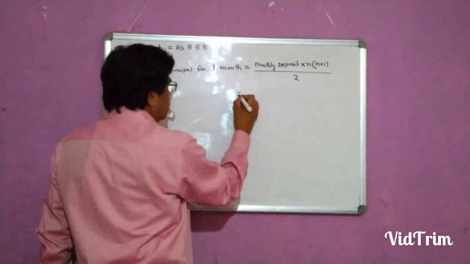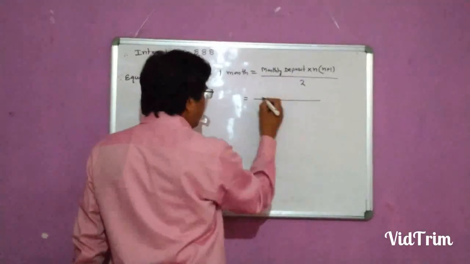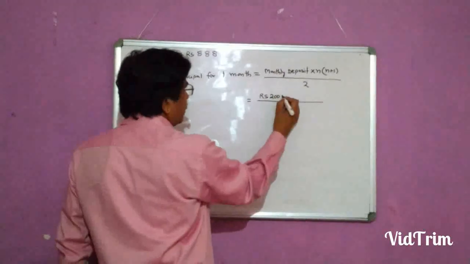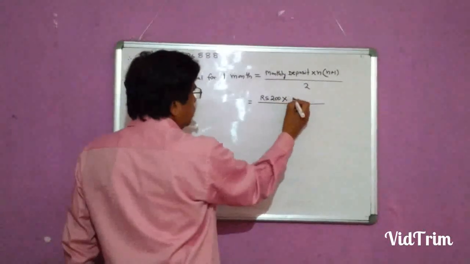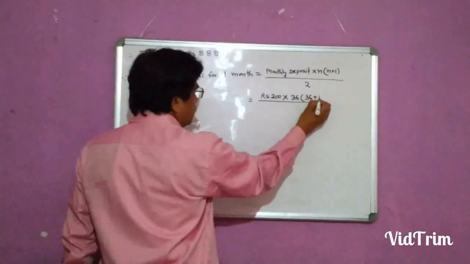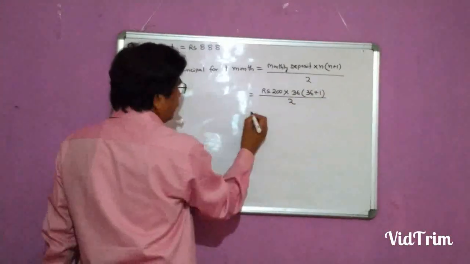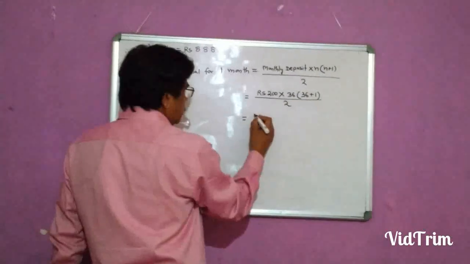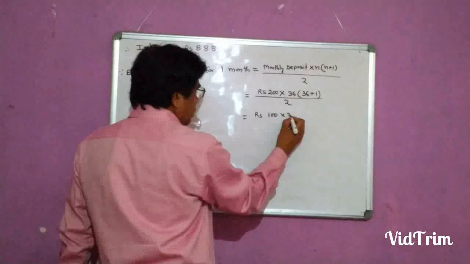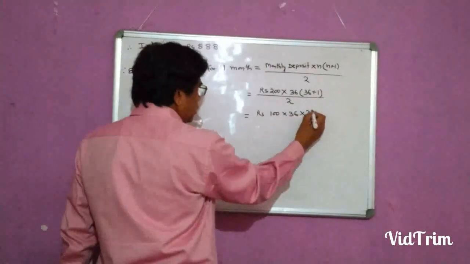That is equal to, simplify this, rupees 200 into (36 plus 1) by 2, and that is equal to rupees 100 into 36 into 37.